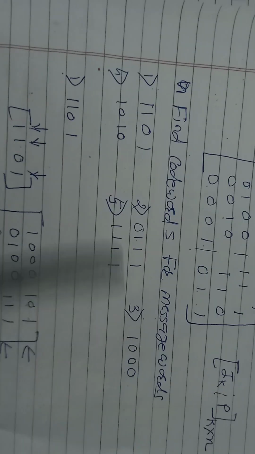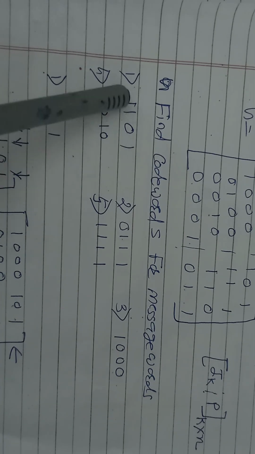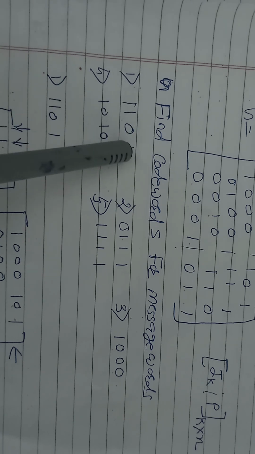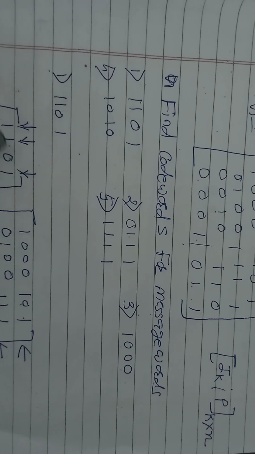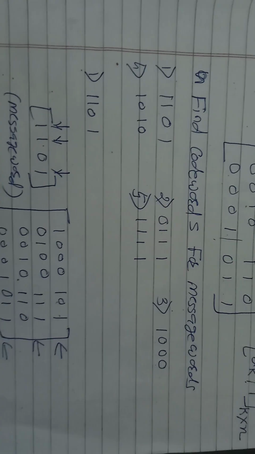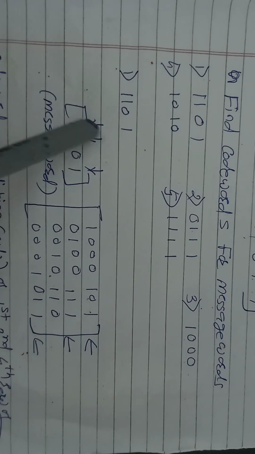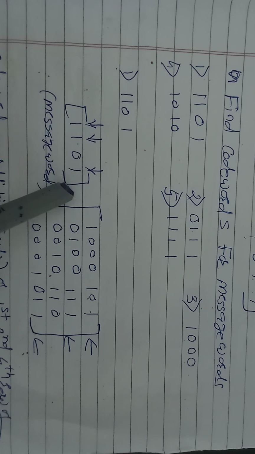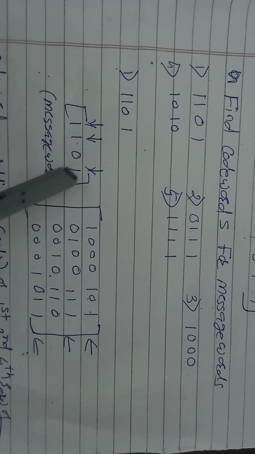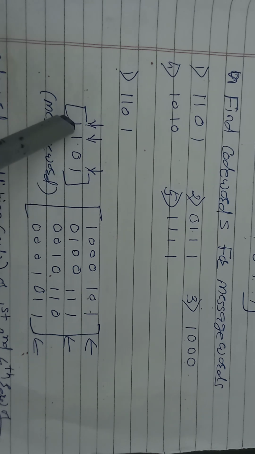After that, this is a message of 4 bits. Yes, K is 4, so the message should be of 4 bits. You take this message 1101 and the generator matrix. Now you have to label where the ones are in the message word. The ones are at the first, second and fourth bit positions. We are considering this as first.